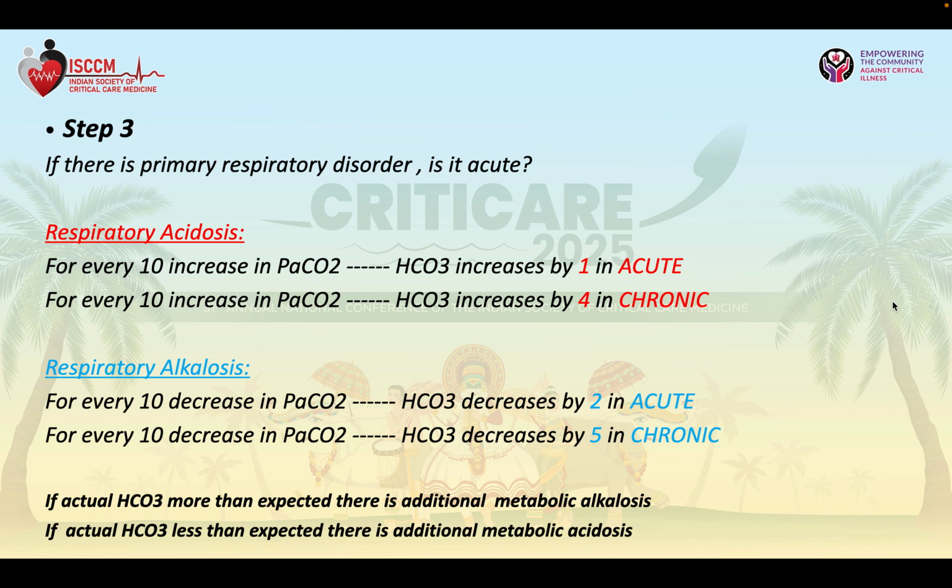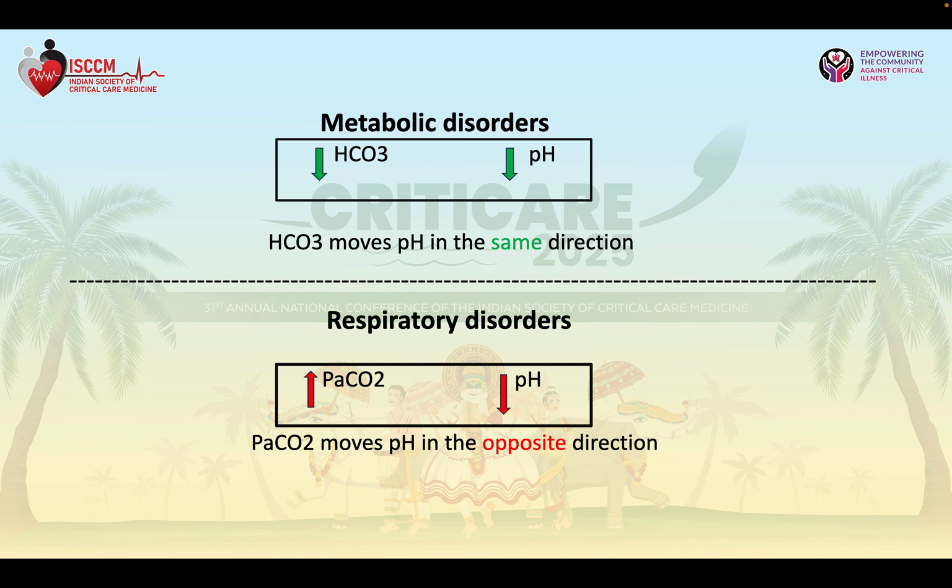Just to revise, and this is I thought the most important slide: if the pH and the bicarbs are going in the same direction, this is a primary metabolic disorder, and if the pH and the PCO2 are going in opposite directions, then this is the primary respiratory pathology.